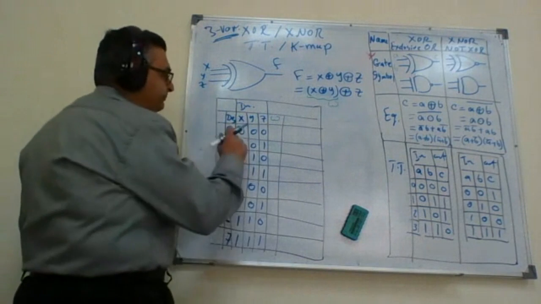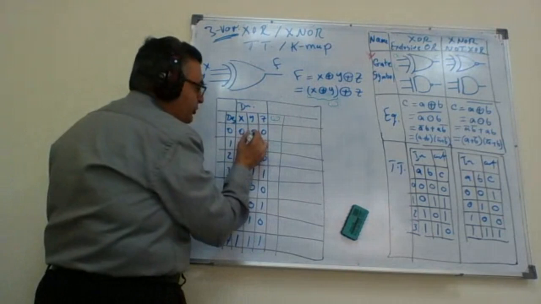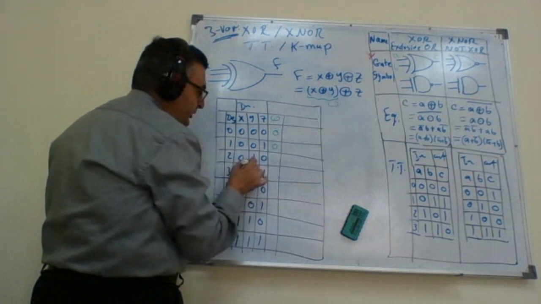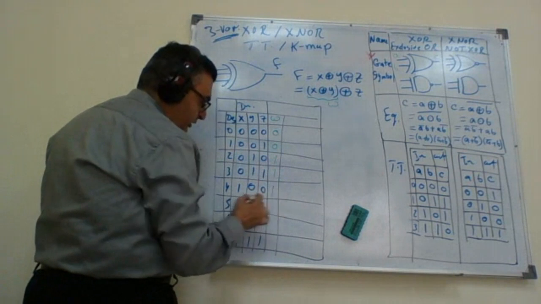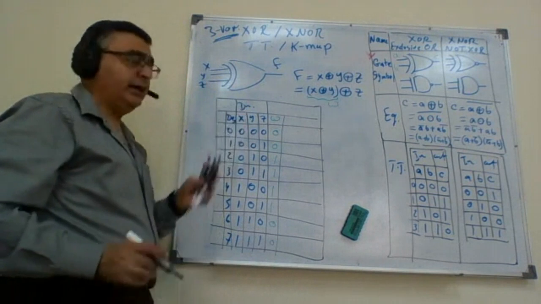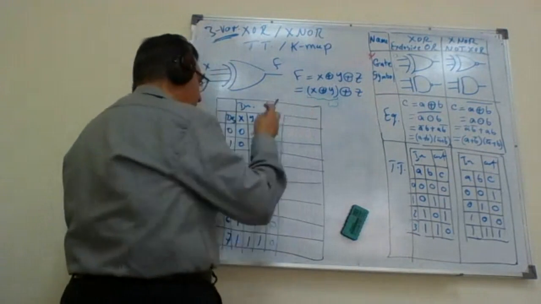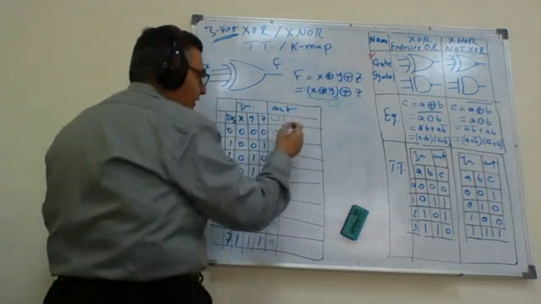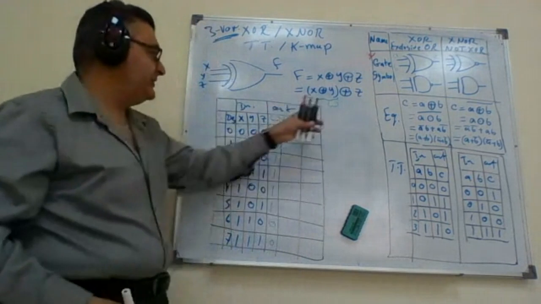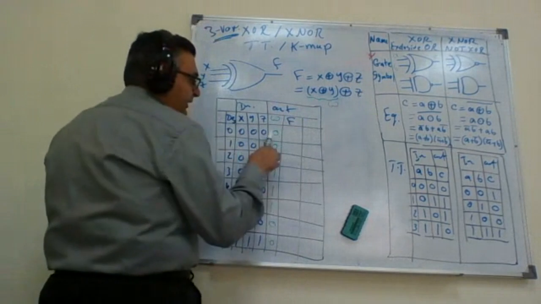So accordingly, can I XOR X with Y? For sure. 0 XOR 0 from the TT is 0, 0, 1, 1, 1, 1, and then 0, 0. This is the XOR between X and Y. Then I need to derive the column for F. If F is the result of XORing between W and Z, can I XOR?